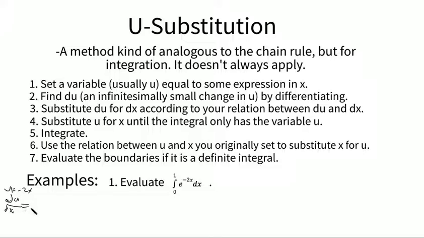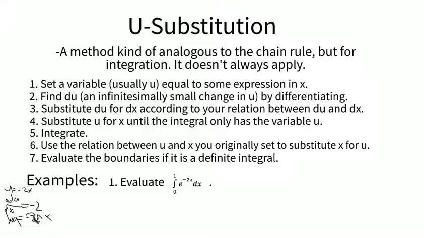Now we multiply both sides by dx, so on the left-hand side we're left with du equals negative 2 times dx. So now we have a relation between du and dx: du is equal to negative 2 times dx.